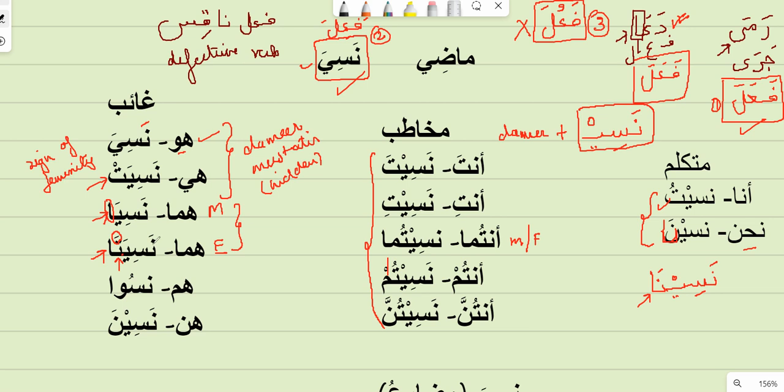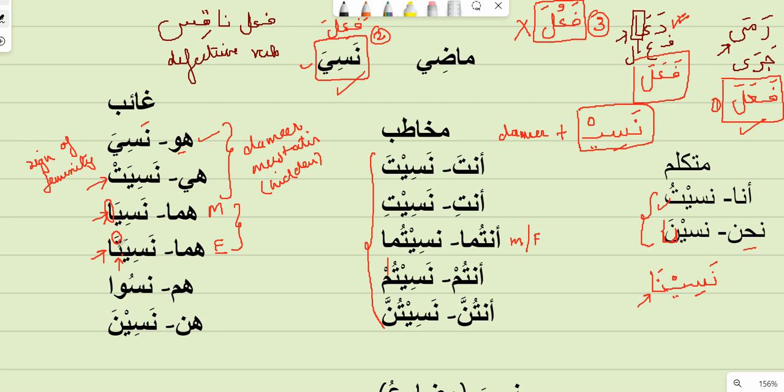You cannot pronounce it as nasiyat, you cannot pronounce that way. It's totally wrong in Arabic. So for the continuation of the pronunciation, you need to change the sukoon to fatha. So that's why this is the sign of femininity and not the damir.